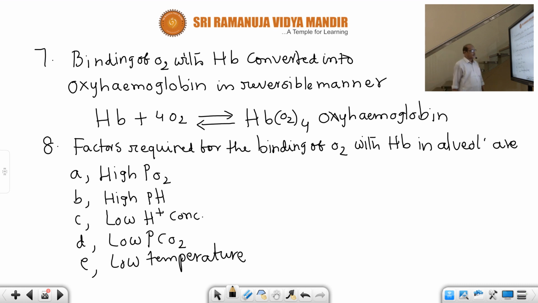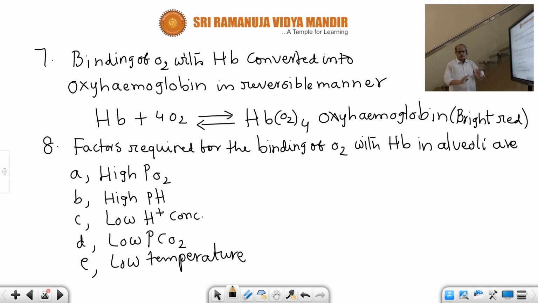When the oxyhemoglobin is formed, it will be bright red in color. As long as it is oxyhemoglobin, it is bright red. That's why the venous blood is purplish bluish red. Blood flows through the veins. But the blood that flows through arteries carries oxygenated blood, hence it is bright red in color. You take the blood and see the difference. So this is the O2 binding.